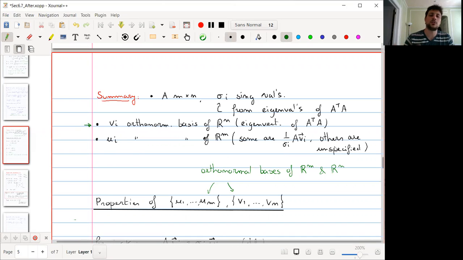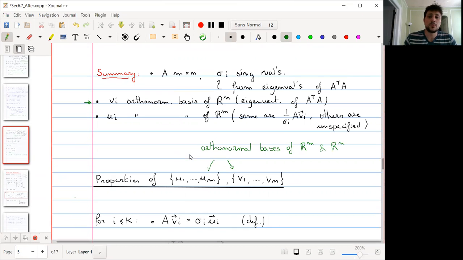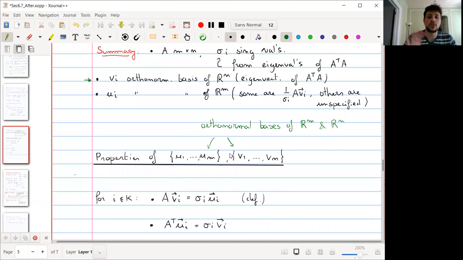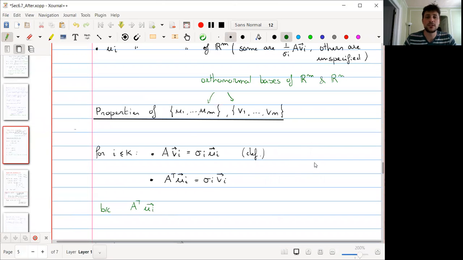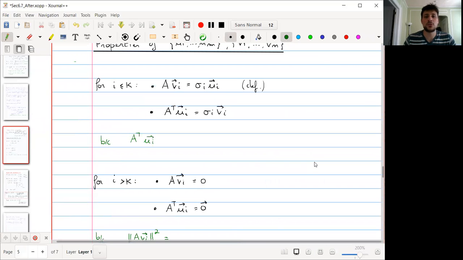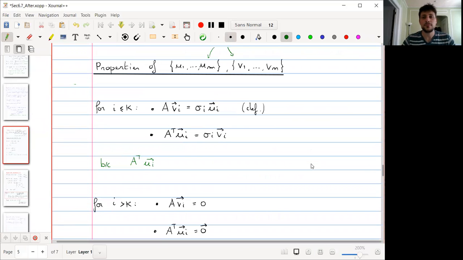So we don't have a lot of information about the last few Ui's. Now, let's just collect here some of the properties of these two orthonormal bases, U1 through Um and V1 through Vn. Some of them we've already seen, but it's good to have them all in one place.